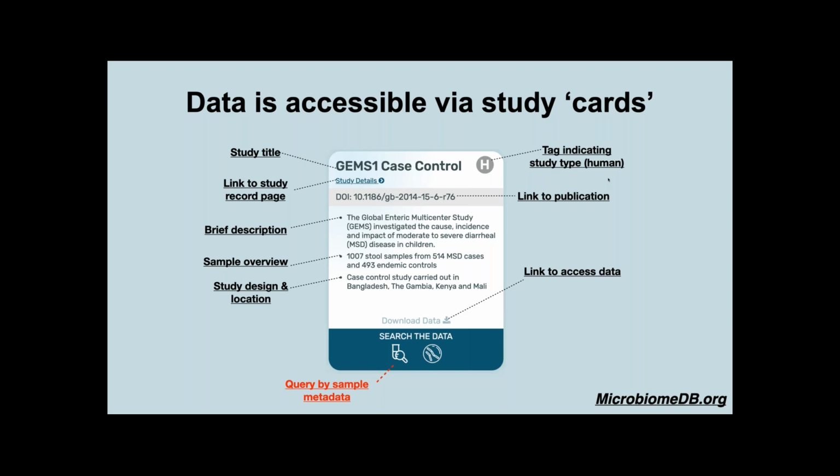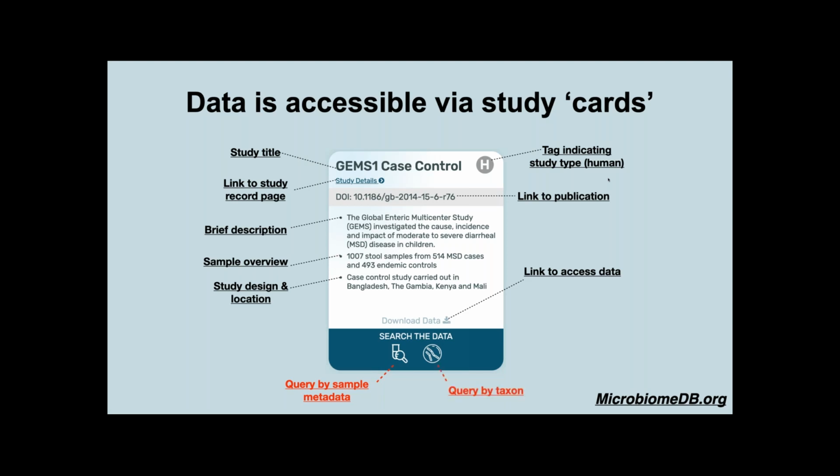Is it a stool sample collected from a child of age 5 with diarrheal disease? Those are all details that describe the sample or the individual from which that sample came. So that's one way to query our database and filter our database from thousands of samples to just the samples you're looking for. And you can just ask for those samples based on sample details.